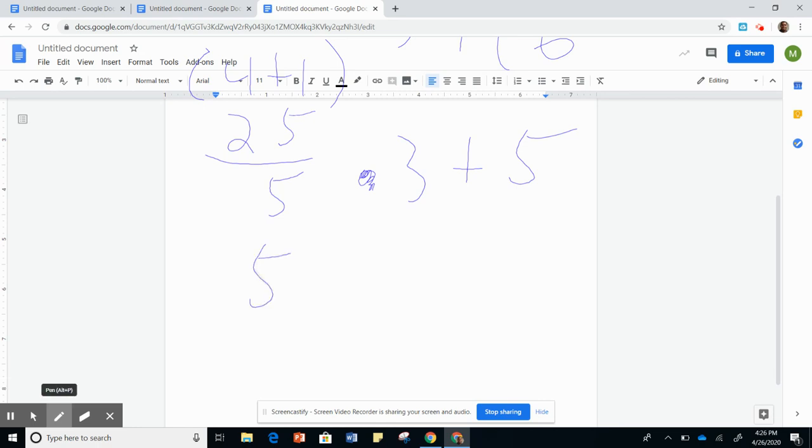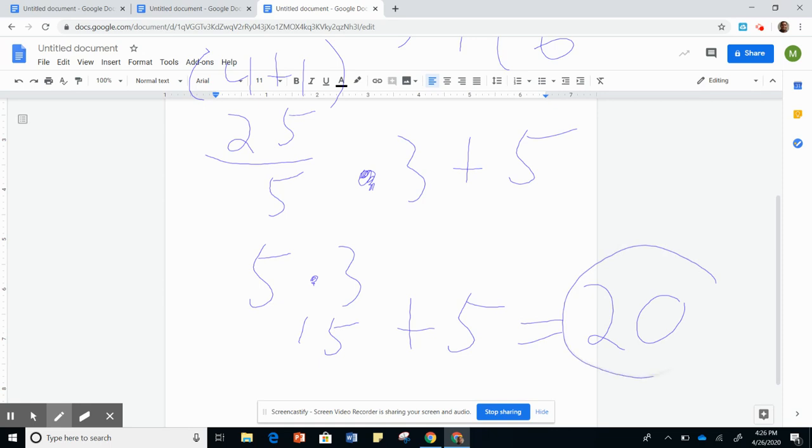Now, notice it was multiplied by the 3. So 5 times 3 gives us 15 plus, bring down the 5 here, and that is going to give us 15 plus 5, which is 20. And that would be our final answer.